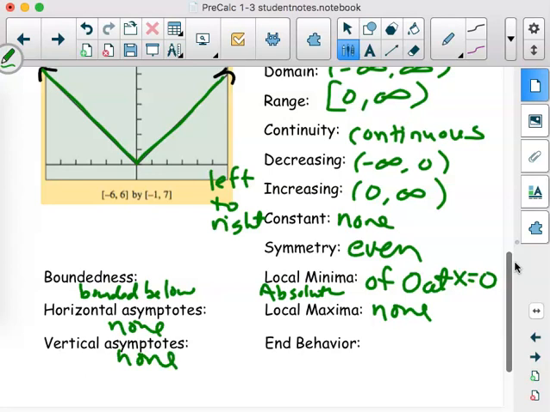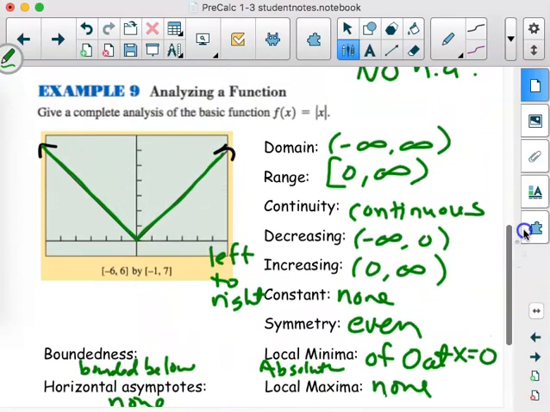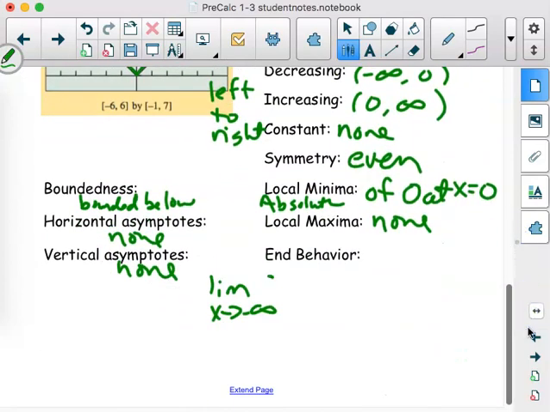And now we have to talk about end behavior, and that means we have to write that limit notation. So limit as x approaches negative infinity, did they call it f of x? Yes. F of x equals limit as x approaches positive infinity for f of x equals.